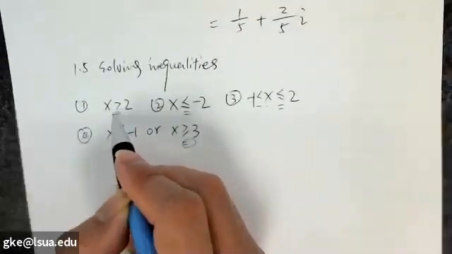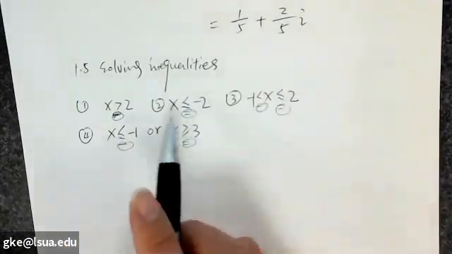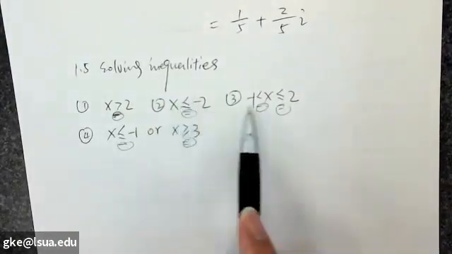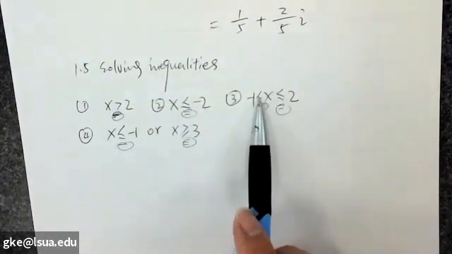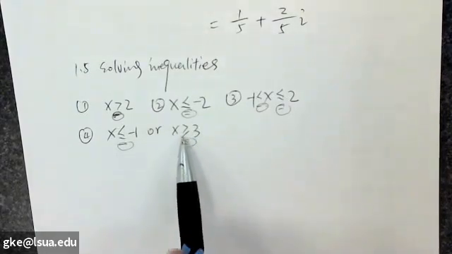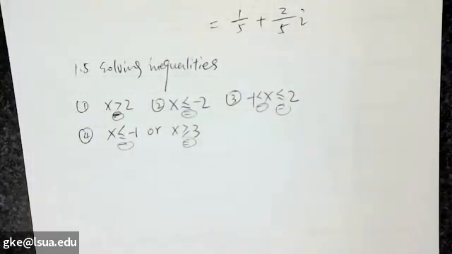Okay, this kind of notation: greater than, less than, greater than or equal to, or less than or equal to. You should be very familiar with this notation when you type on the computer.